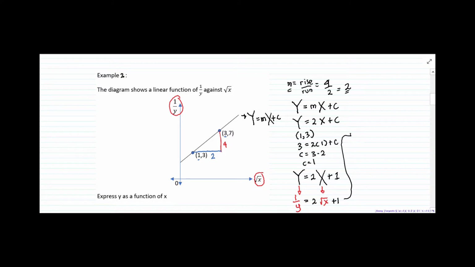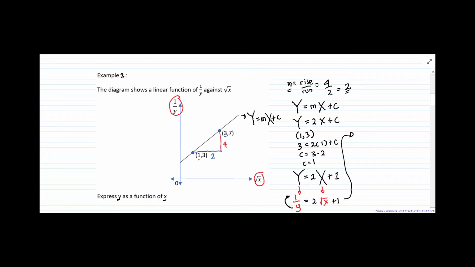There you go, we have the original equation, but the instruction wants us to express y in terms of x. So we cannot express it as 1 over y. We have to make it into y. How? The easiest way is to flip the left side. We want to change the 1 over y to become y, right?